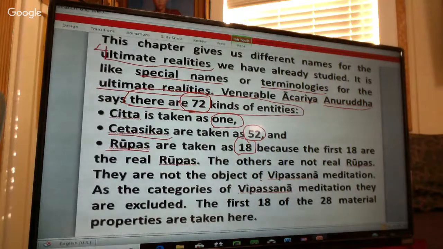So how many? 1, 52, 53, and then plus 18, so altogether 71. That is 1 plus 52 plus 18. The other one left is Nibbāna.